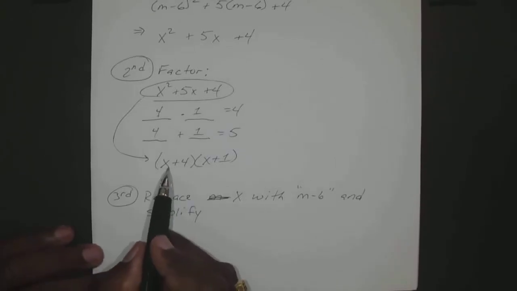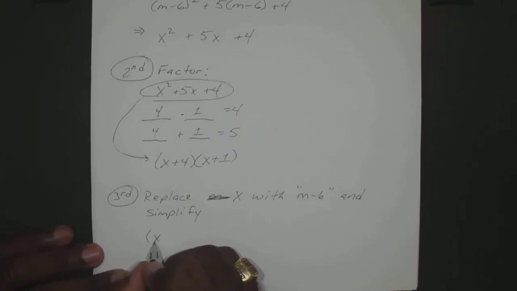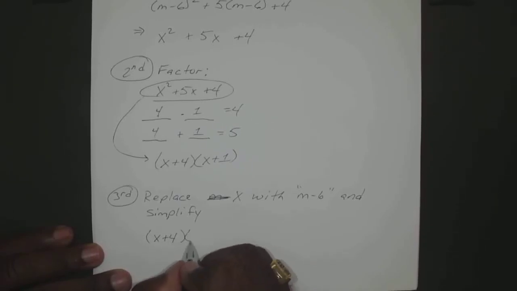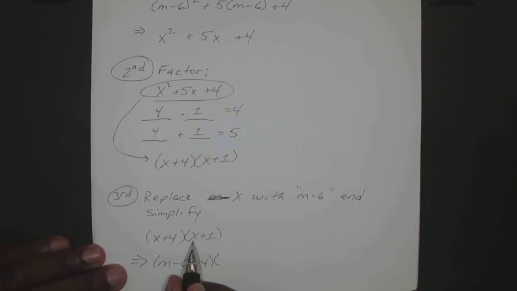So you have x plus 4 times x plus 1. That will now become m minus 6 plus 4 times m minus 6 plus 1.